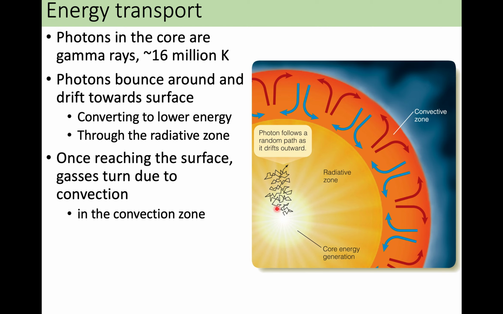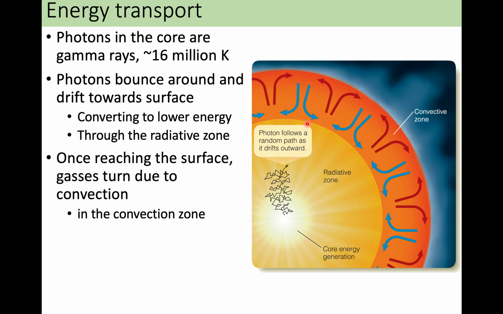They drift around in rather random patterns while the overall motion is outwards. So as the photon is moving away from the core, it's actually converting to lower forms of energy as it moves away from the core through what we call the radiative zone. So we have the core of the star, and then we have the radiative zone. So this is where we have photons bouncing around, transitioning to lower forms of energy as they move outwards.